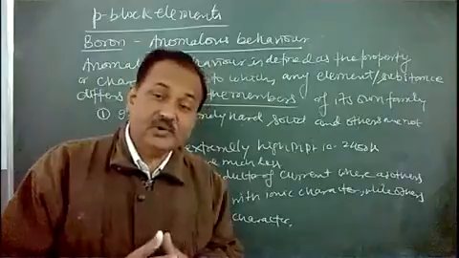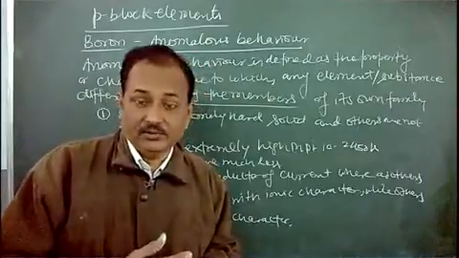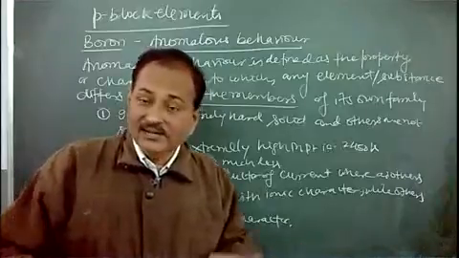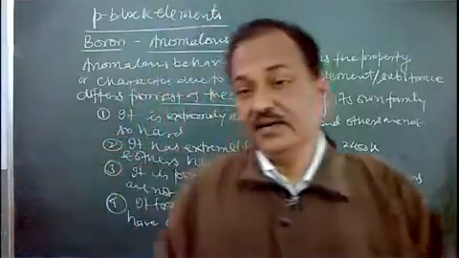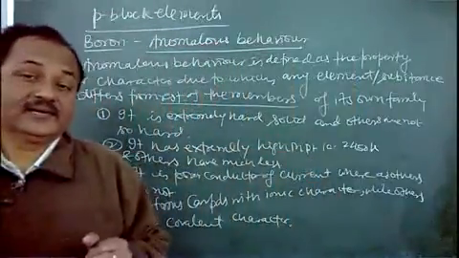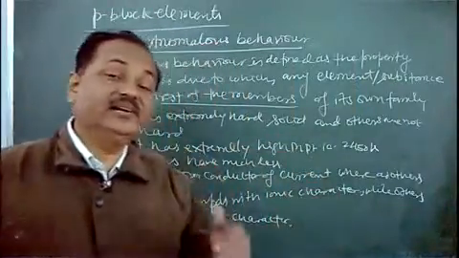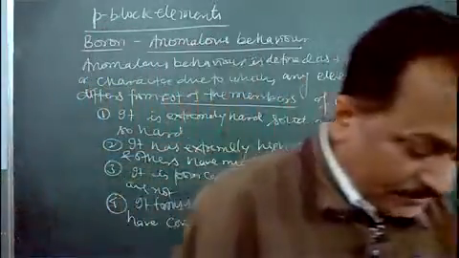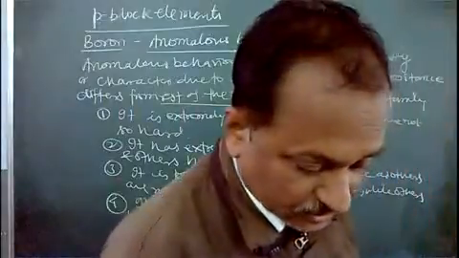When the size is small, there is ionic bond, because the electrons can be lost and gained, so it is due to the metallic character. Whereas others are covalent, it means the size is larger. So it is a very important point to note.